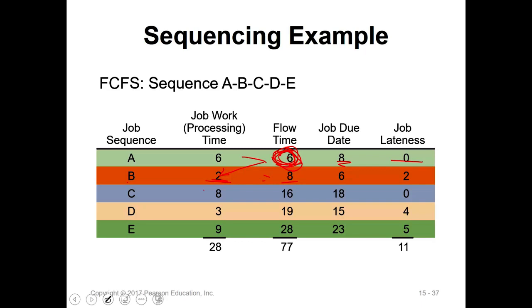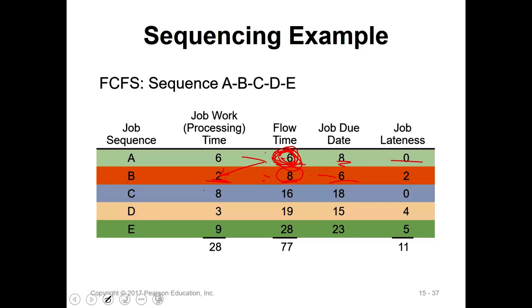So we come over here and wait for A to be processed and finished, then start B. After you finish, B is at 8 days, but compared with the due time, it is late 2 days. So basically that's the difference: 8 minus 6, or 6 minus 8, you use the absolute value.